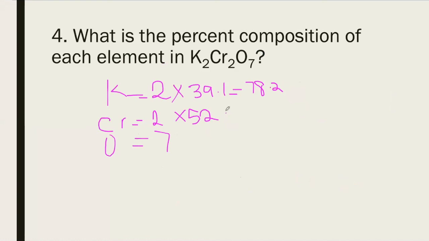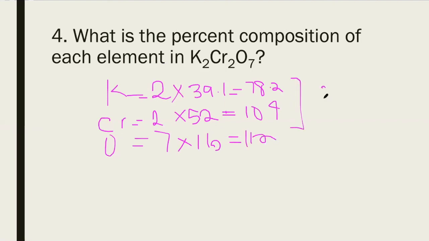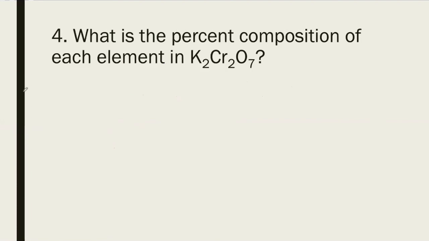So automatically round up to whole number. So that will give you 104. And O, 7 times 16 will give you 112. So that is, added all together, 294.2.